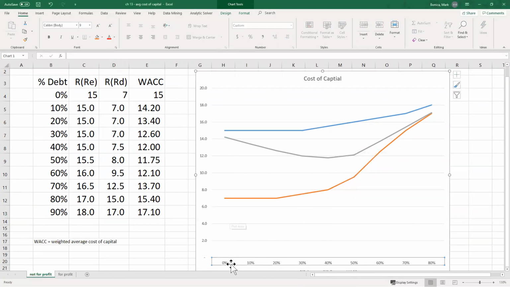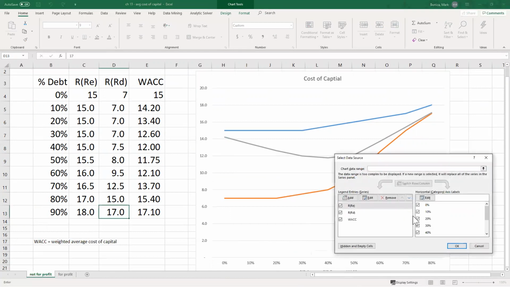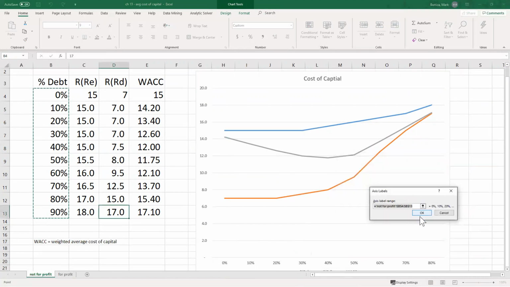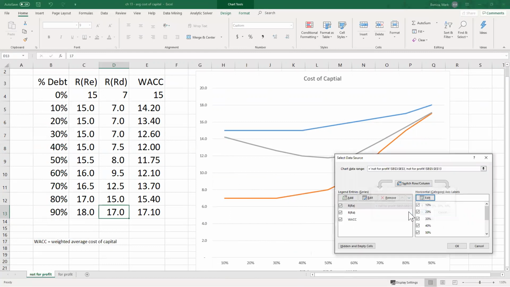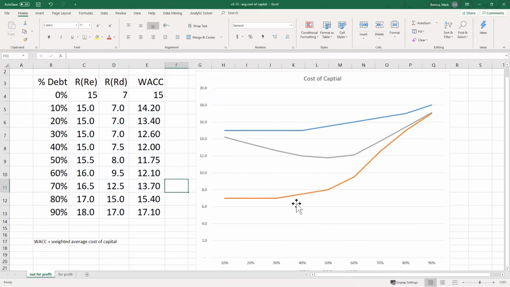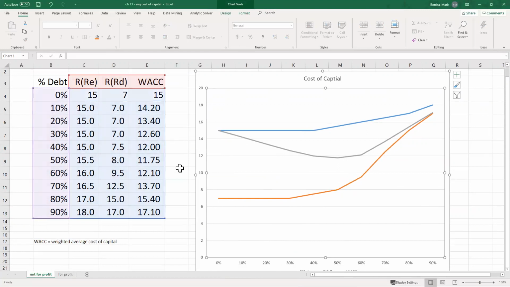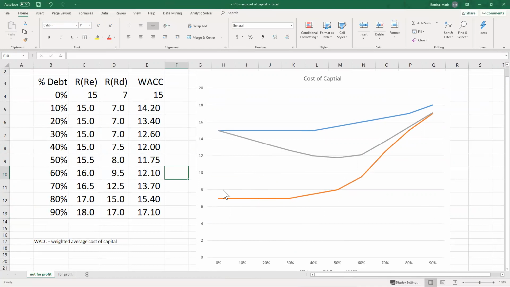And so as we progress from 0 to 10, onwards up to 80 or 90%, I think that's not quite right. Let me fix that again. There we go. As we go from 10 up to 90, you can see that it's tracking. Yeah, you know what? Let's add this whole thing. We get there now. Good.